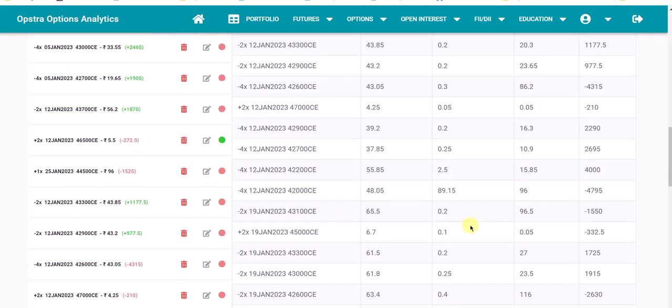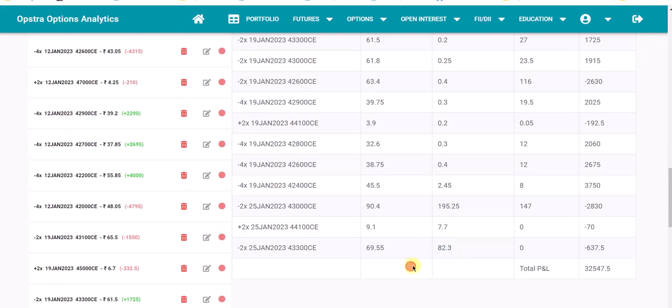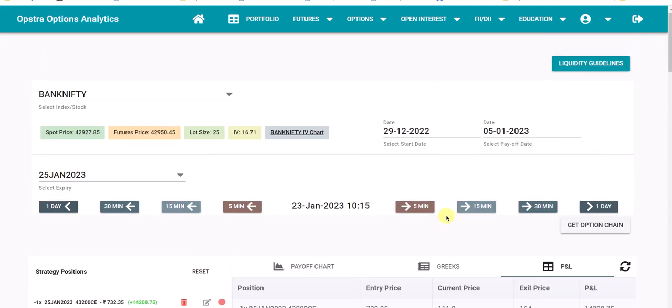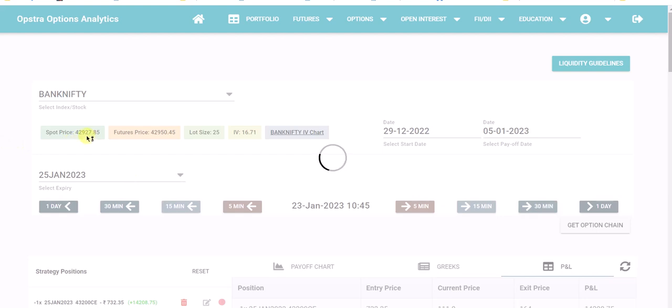Okay, so the premium here is almost decayed, and we'll exit at more than 100 if it reaches more than 100, and we'll see which one to buy, sell.